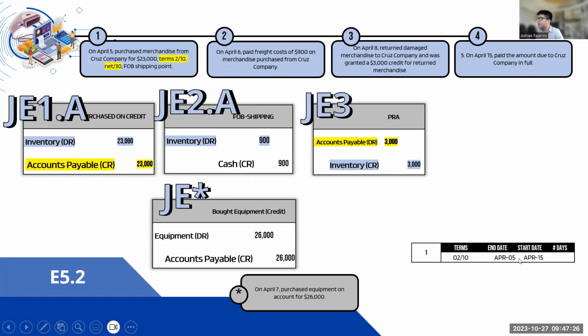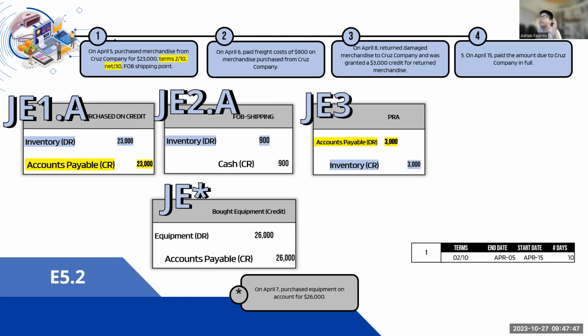The start date is April 5. The end date is April 15. How do I know April 15? Kasi 2/10. So, 5, 6, 7, 8, 9, 10, 11, 12, 13, 14, 15. So, number of days, 10.